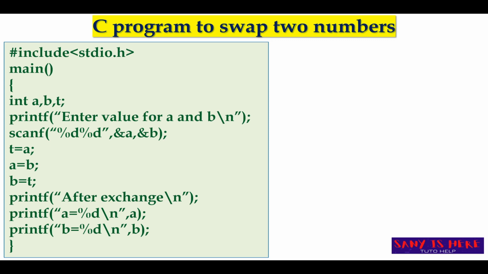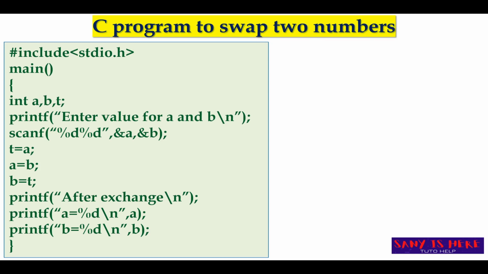As you know, we have performed the direct exchange operation, that is T is equal to A, A is equal to B and B is equal to T. Simple. There is no calculation here, we are just putting the values in the variables.